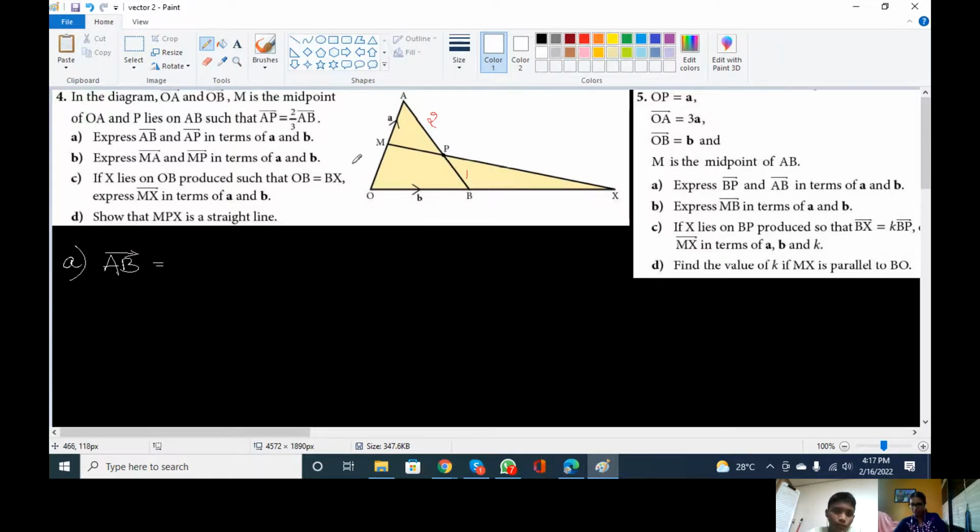We can write AB is equal to AO plus OB, AO vector plus OB vector. They have given OA is A, so AO is negative A, plus OB is B. That's it.